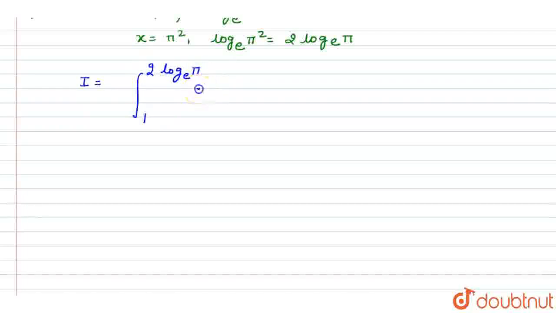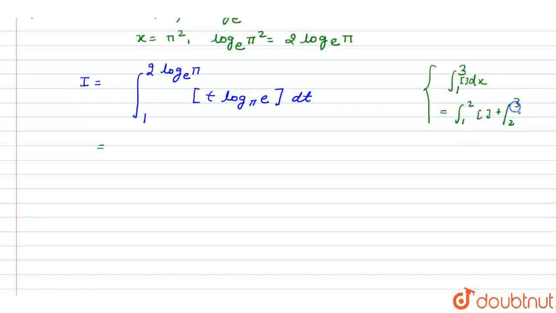Also we know that here we have the greatest integer, and we can write the integrand as the greatest integer of t log base pi e, dt. Now we know that in the greatest integer condition, if we are given limit 1 to 3, we can split this into 1 to 2 first and after that 2 to 3, and check whether the greatest integer value is positive or negative.